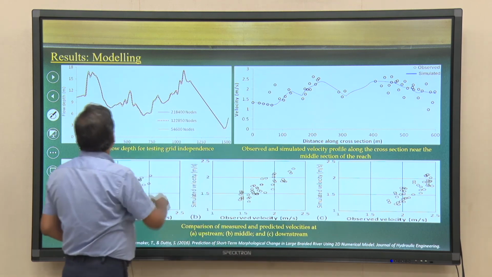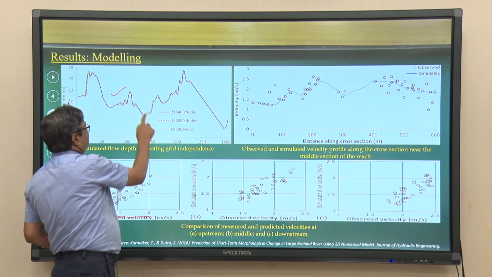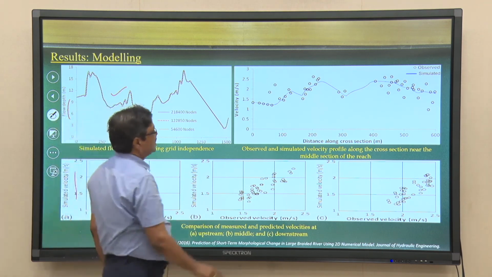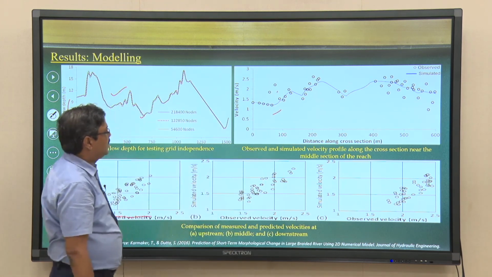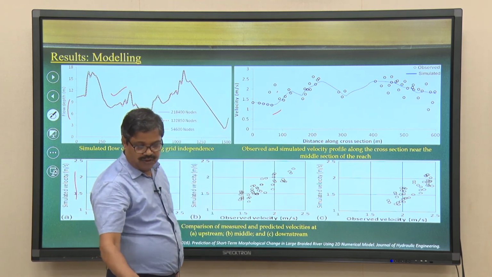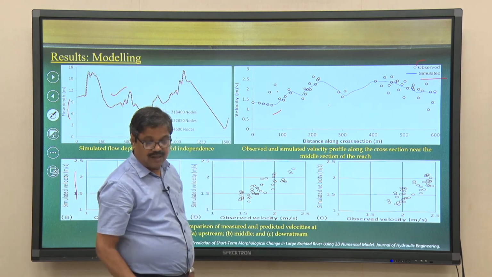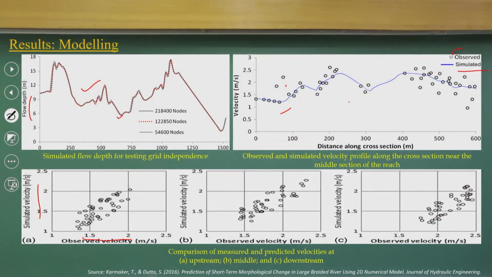In the case of flow depth, I think it is quite interesting. The flow depth is predicted much more accurately, even in braided rivers. Observed are the dots, distance along these cross sections, and the velocity varies from 1.5 to 2 meters per second, mostly following that trend.